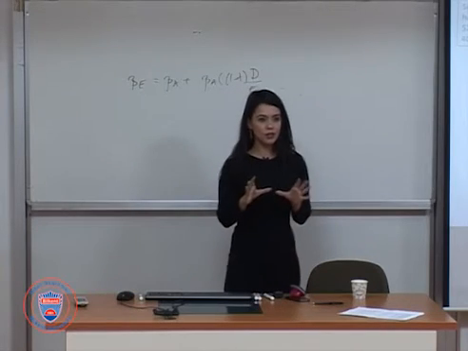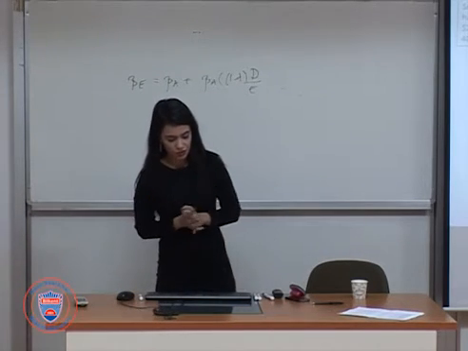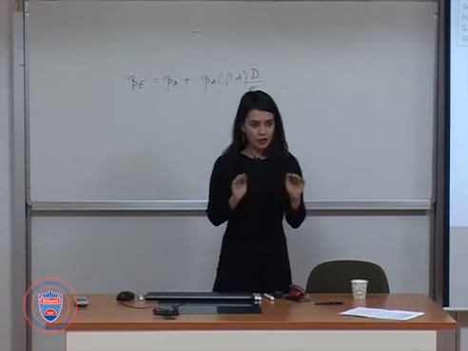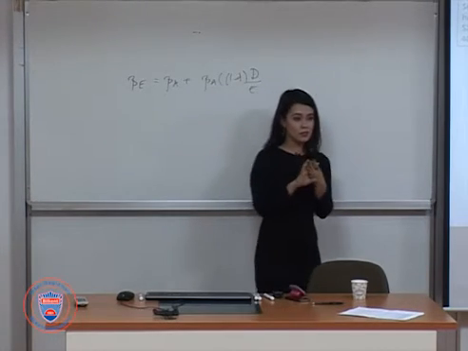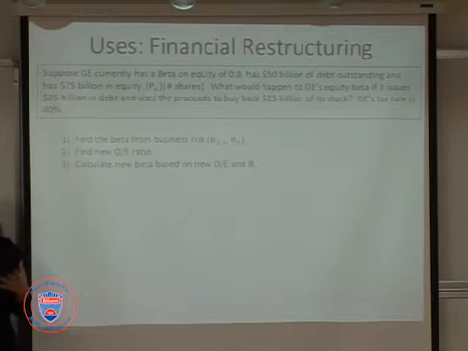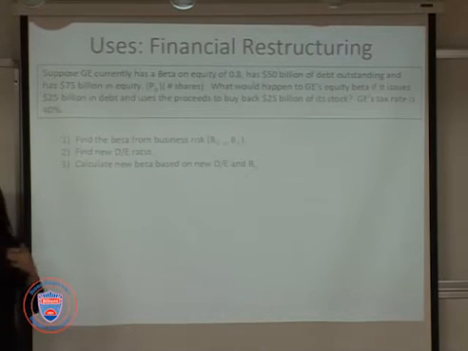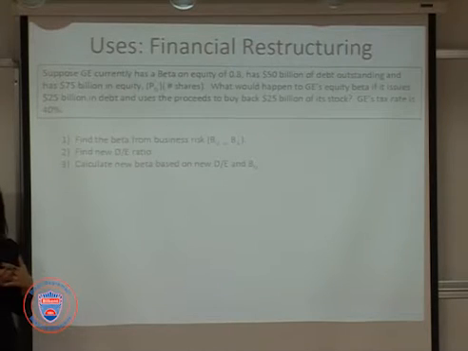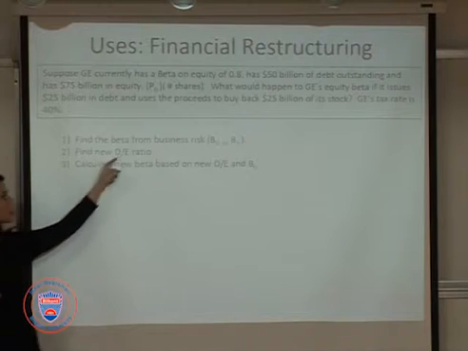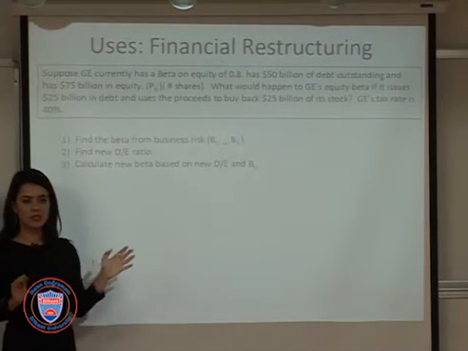So what am I going to do here? In all those questions, there are 3 steps. Let's try to understand the intuition. Here, there will be a change in the structure of financing. For that, the first thing I need to do is calculate the business beta from the business risk.